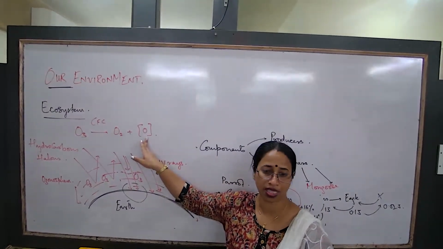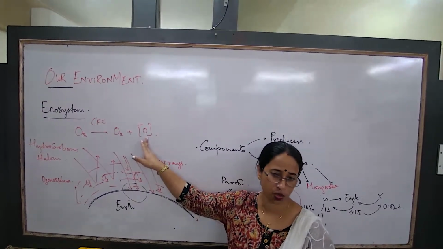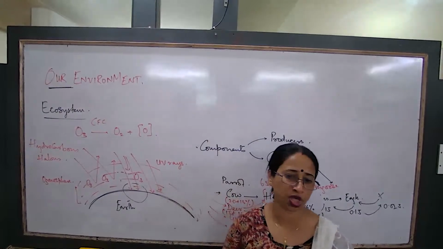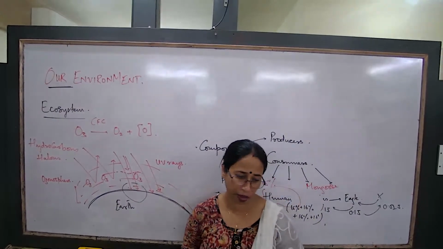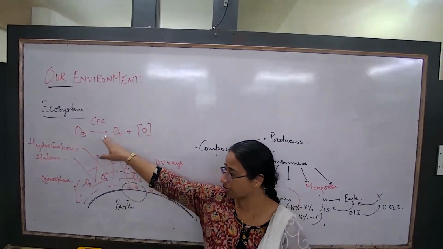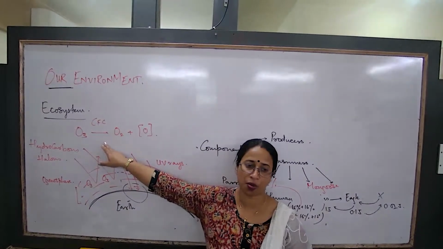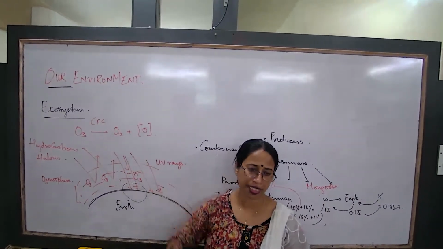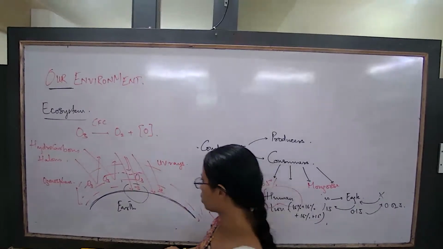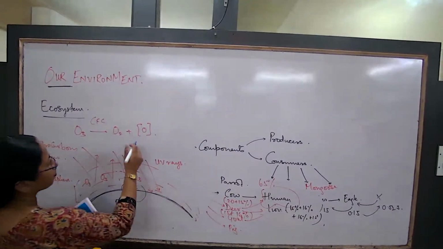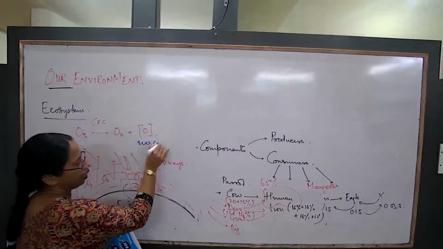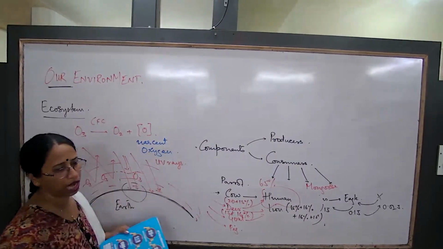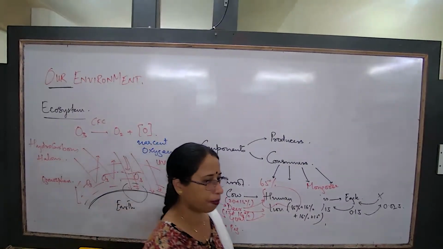This is known as active oxygen, which now starts reacting with other different components in the atmosphere, forming harmful compounds. Write down: CFC breaks down the triatomic form of oxygen to oxygen molecule and nascent oxygen.